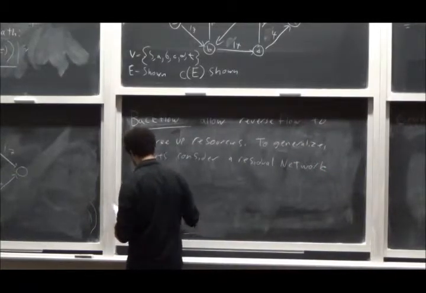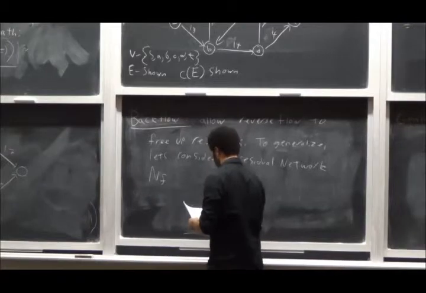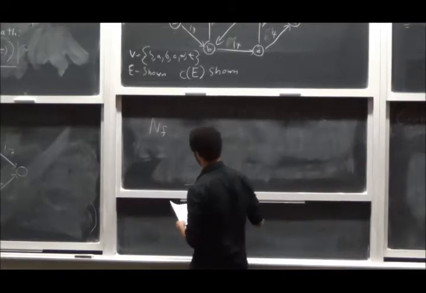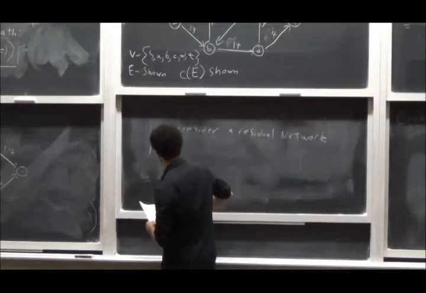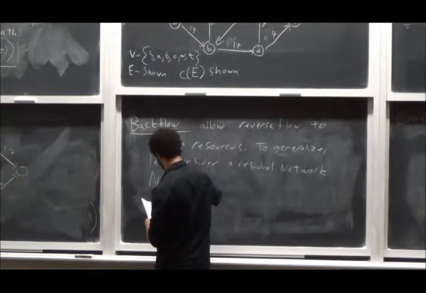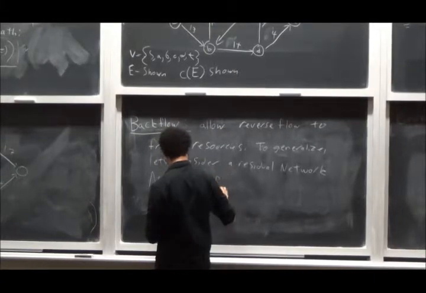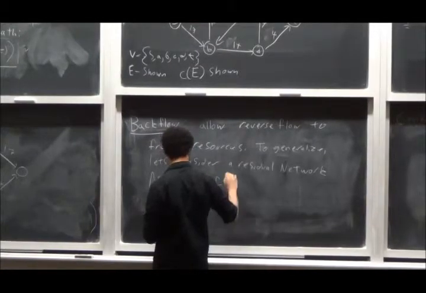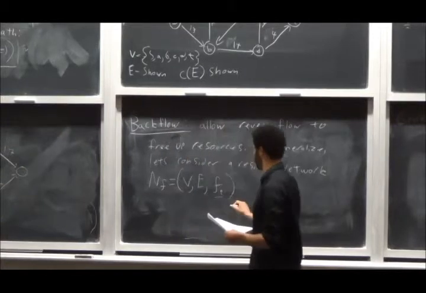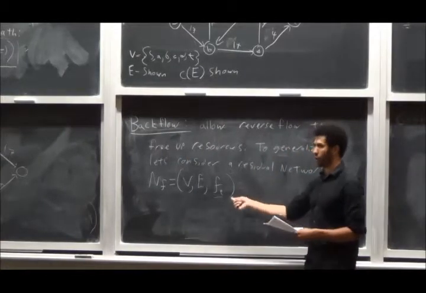NF. So the general idea is that this NF, I'll show you here. This is F at some T. So we're going to include in this residual network the current flow.